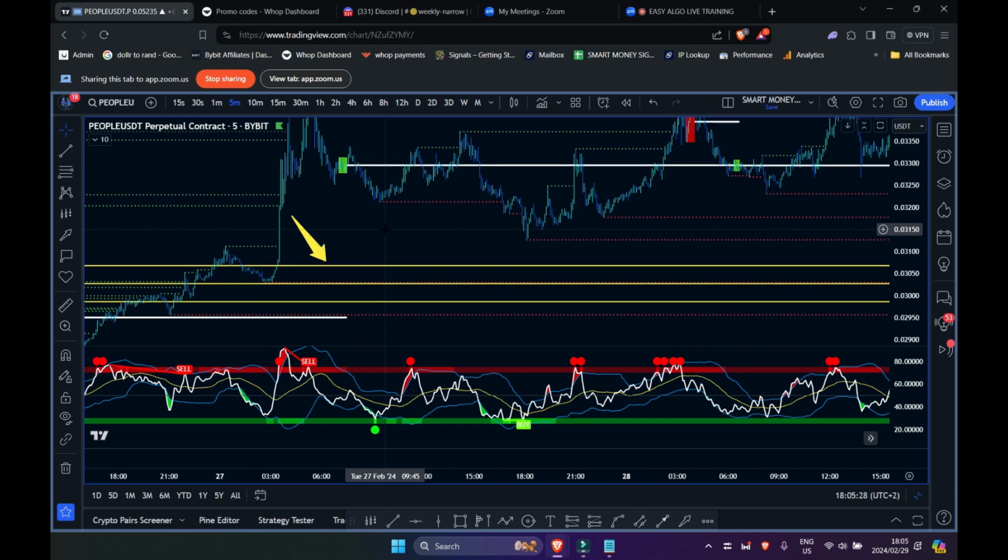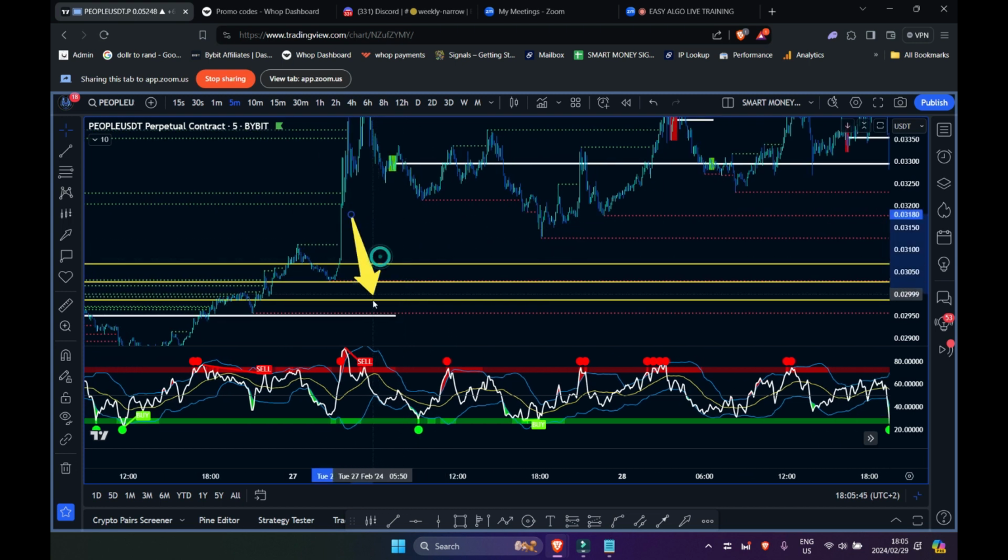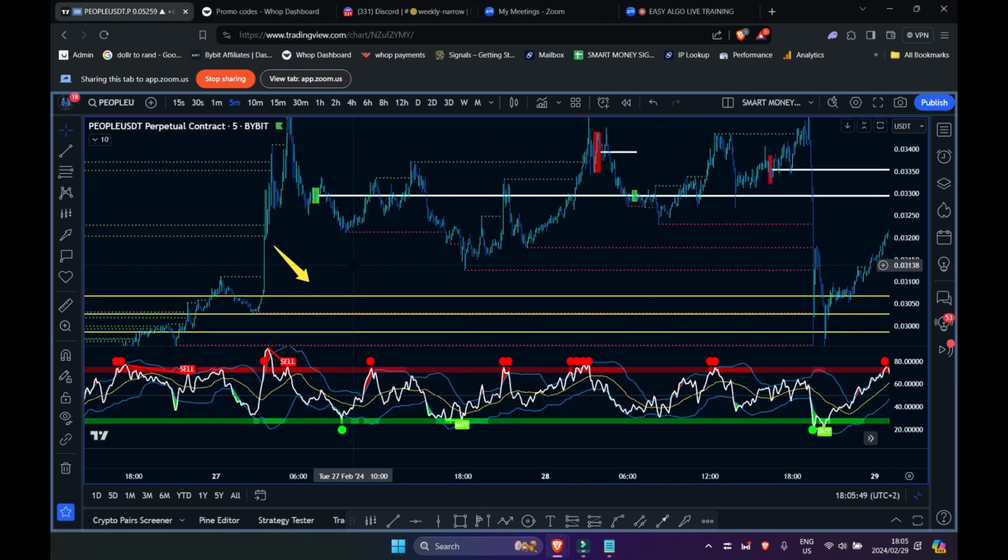If you look back at the previous token WIF, price just shot up and just kept going up and up and up because we had a very narrow weekly pivot. So it's showing us that if it's a narrow pivot for that whole week, it's going to be a trending market. This is a different example. Here we have more of a wider pivot, which is showing us that there's going to be more of a ranging week.